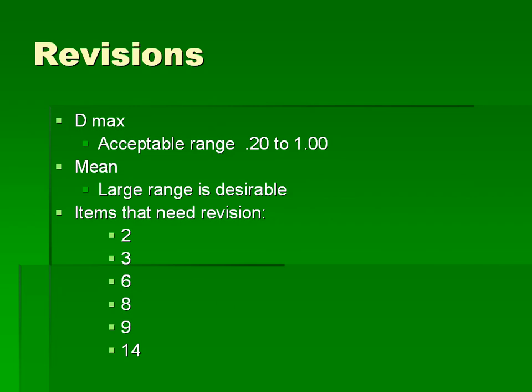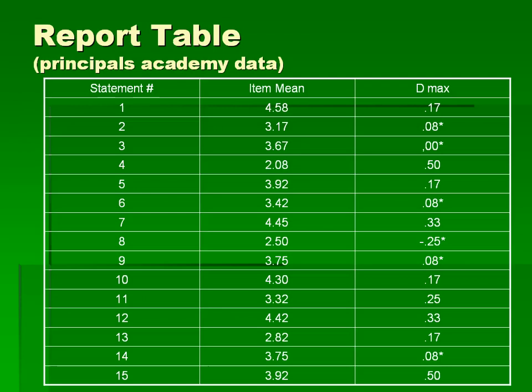Generally, when we're looking at items to decide if they're good or bad, we want items to have a D of 0.2 to 1. And then in terms of the mean, a range of item means is desirable. If you go back to that other chart, you can see that items 2, 3, 6, 8, 9, and 14 needed revisions.